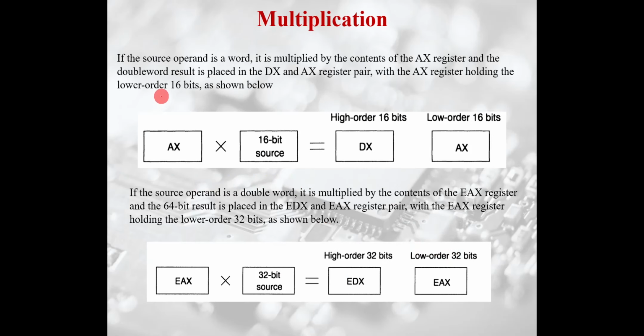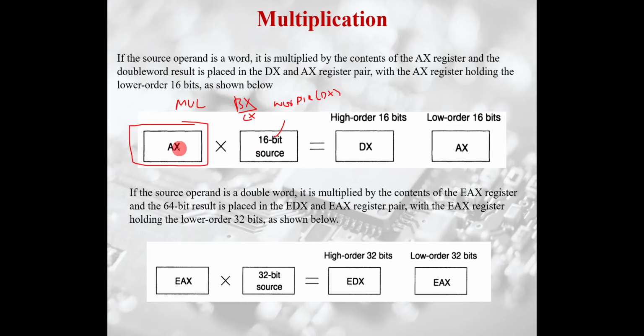Now, similarly, if it is a 16-bit multiplication, in that case, I just write MUL BX. Suppose I write, I can write CX also, or I could write WORD PTR and a DX. All these things represent 16-bit data. By default, the contents of AX will be taken as one of the multipliers, and it will multiply.